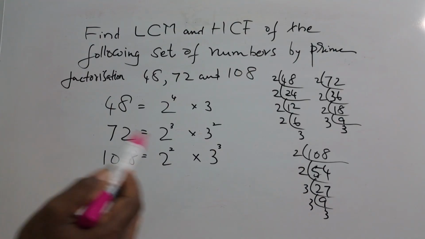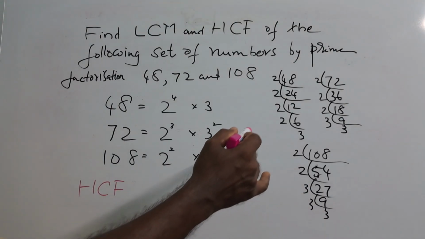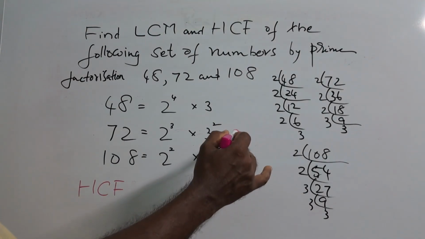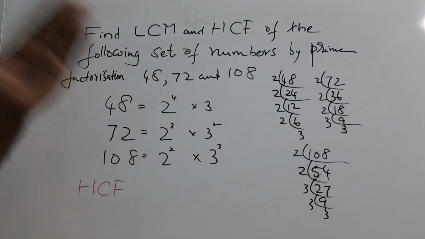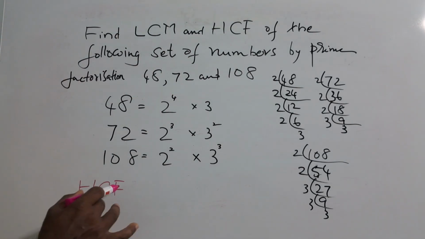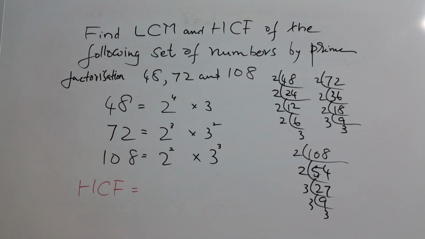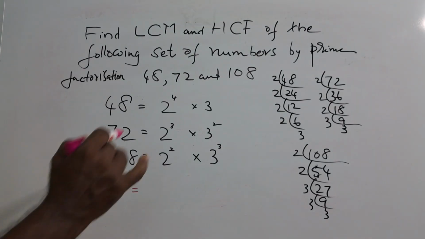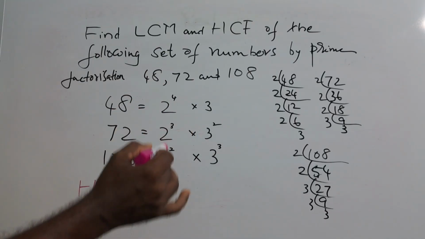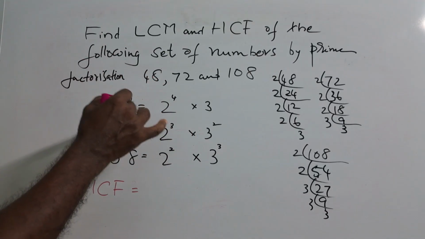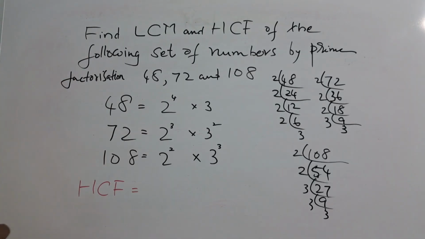Suppose there is a prime factor 5 for only two numbers, it cannot be considered for HCF. First, check whether the prime number is a common factor of all the numbers in the set.